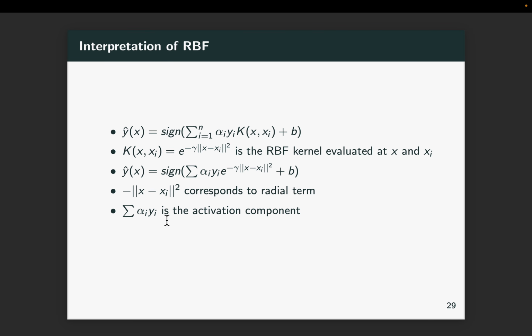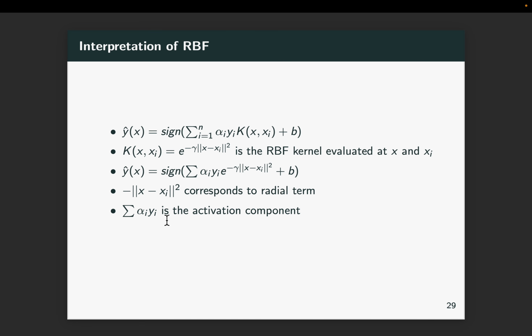For those who might have studied, let's say, eigenfaces, eigenvectors, or something similar, you might have noted that there is an activation component and there is a basis component. You are trying to represent any new image as some activations of certain basis functions. Let's say out of the 240 students sitting in this classroom, maybe I can represent each of them as some combination of 4 or 5 faces.